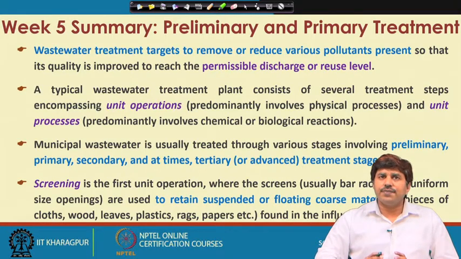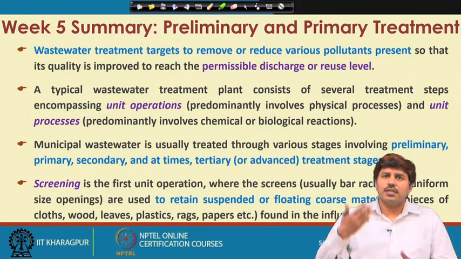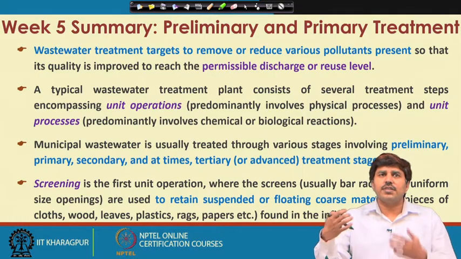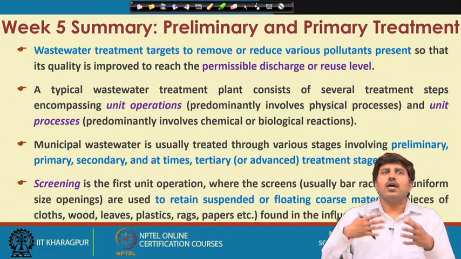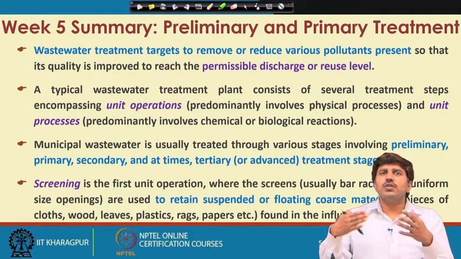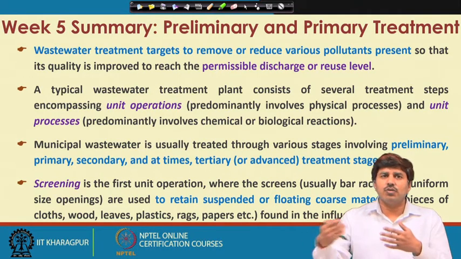In week 5 we basically discussed the preliminary and primary treatment of wastewater. First, why do we treat wastewater? The treatment objective is to remove or reduce the various pollutants present, so that the quality of the wastewater is improved to reach the permissible discharge or reuse level.